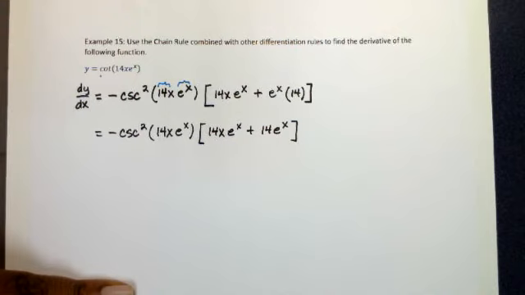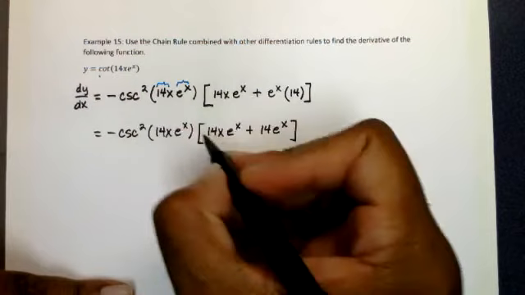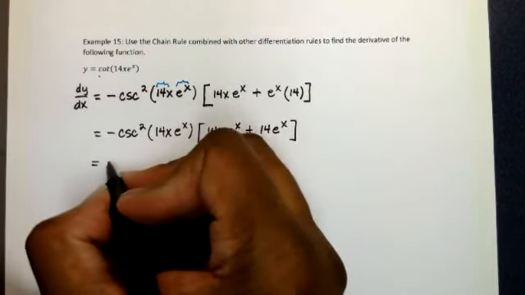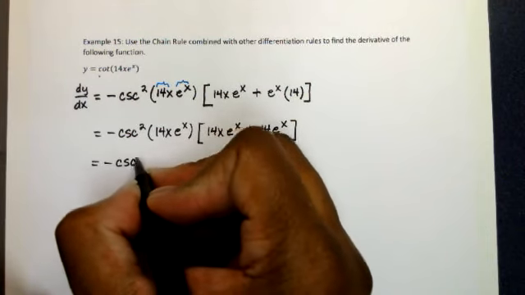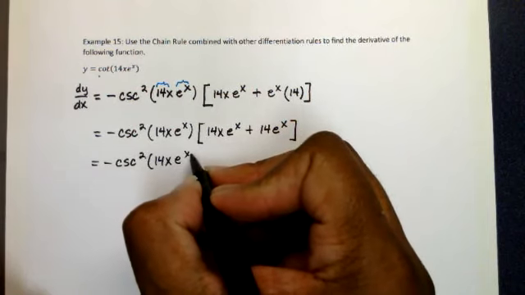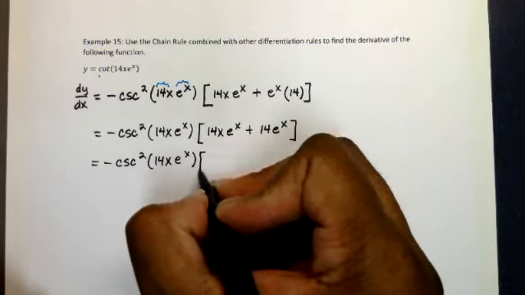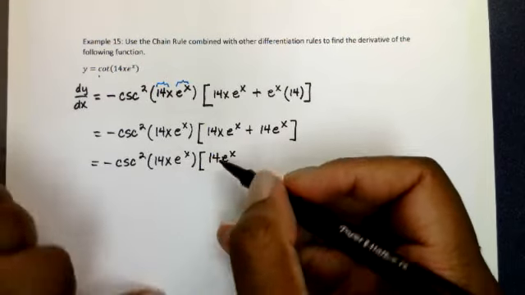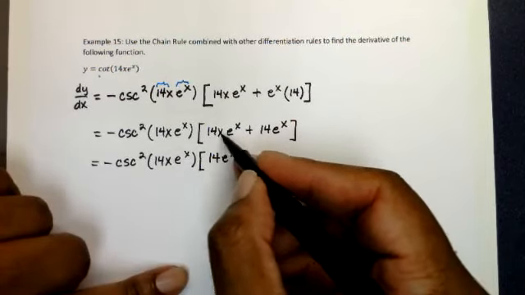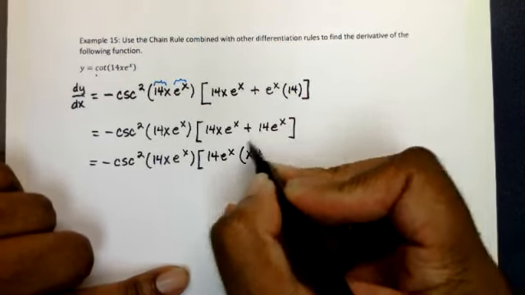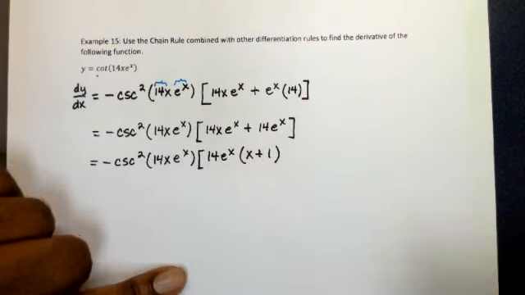Now inside that bracket, I can factor out just 14 e to the x, because I've got 14 in both of these, and e to the x in both of these. If I factor out 14 e to the x, I'll be left with an x here. 14 e to the x divided by itself is a plus 1.